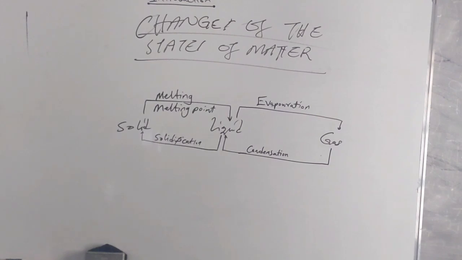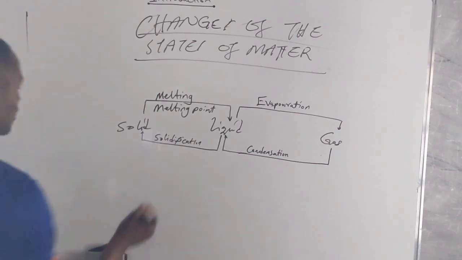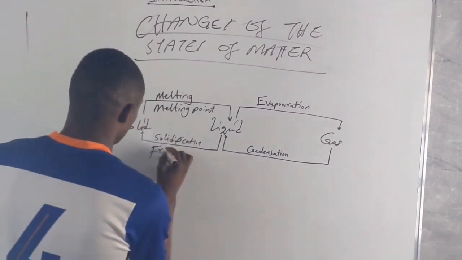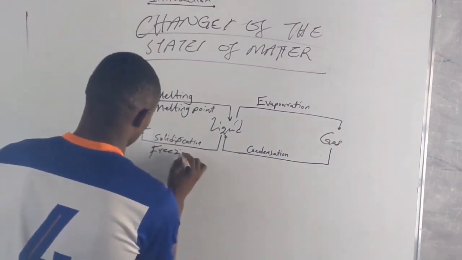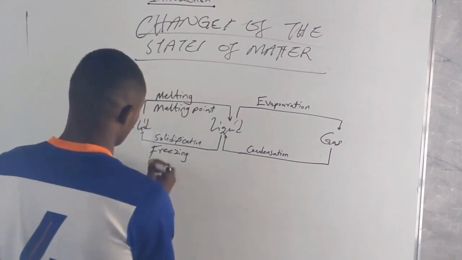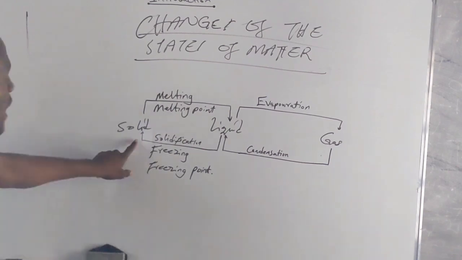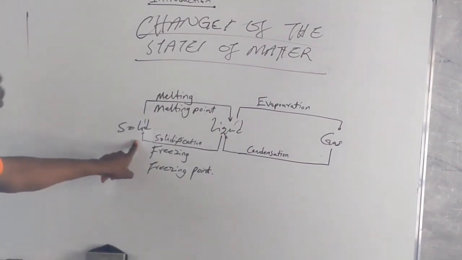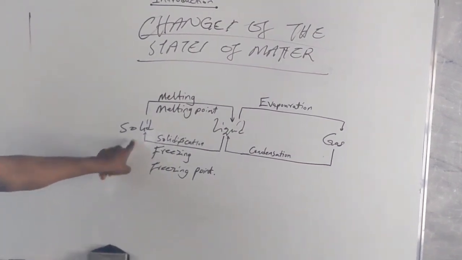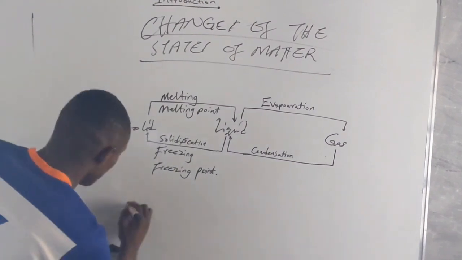Let's get an example of water. Solidification can also be called freezing, and the temperature is called the freezing point. If it was water, water would exist in solid form as ice.